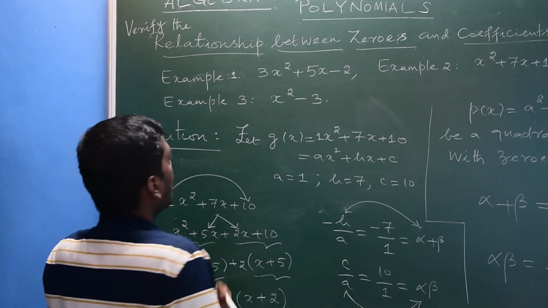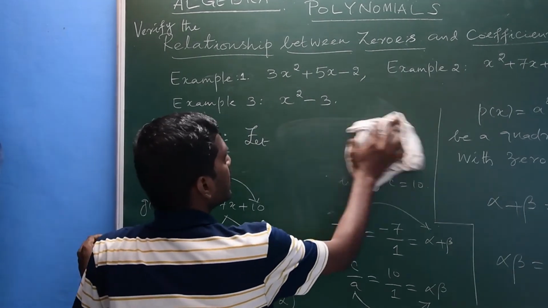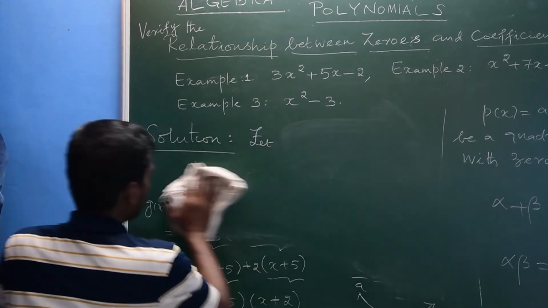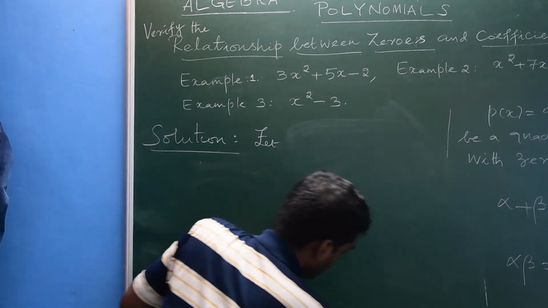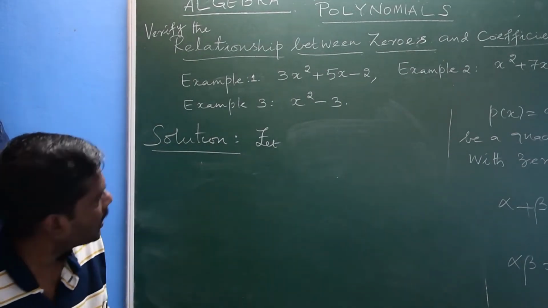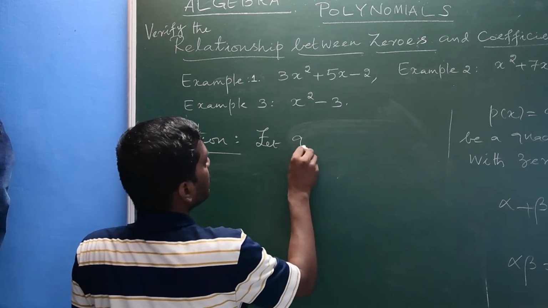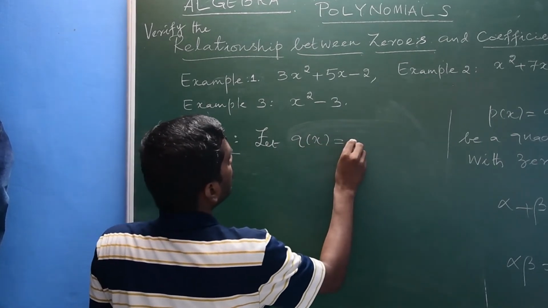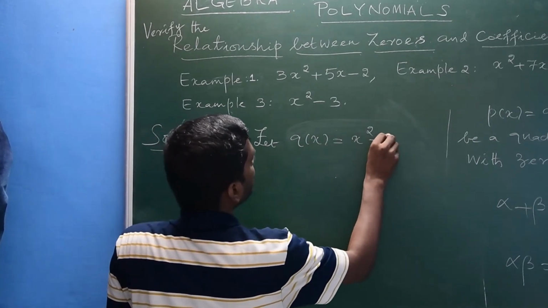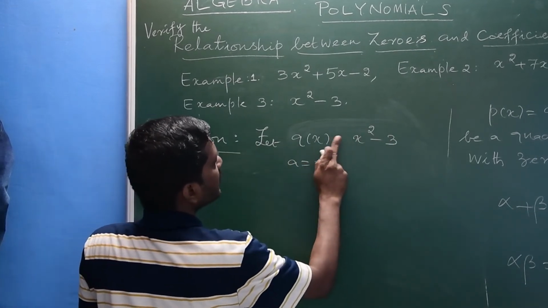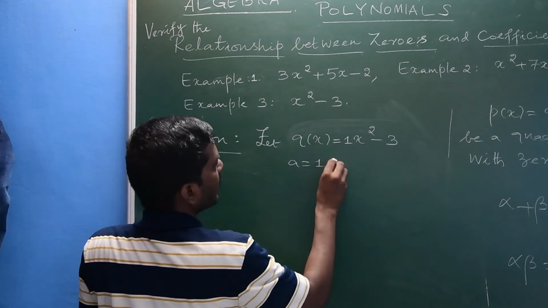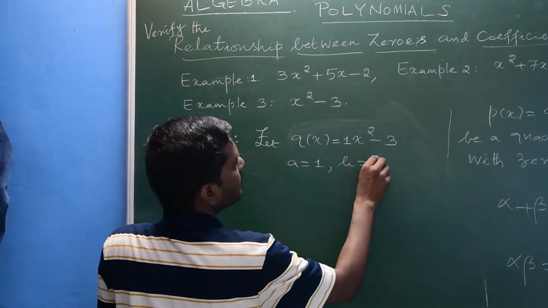Now let us call this polynomial H of x or some q of x. So this is x square minus 3. Now what is a? a is 1 because the coefficient of x square is 1, and there is no x term here.